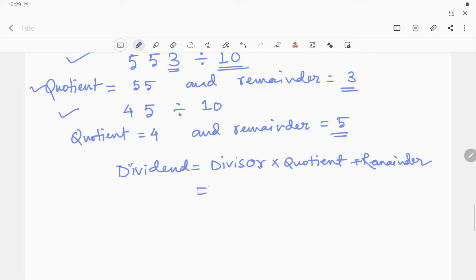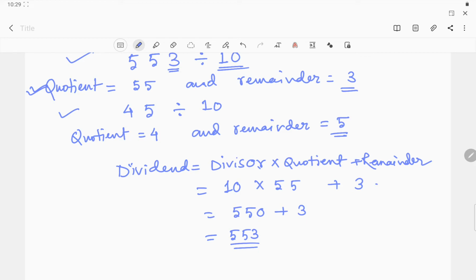Okay, for question number 1, the divisor is 10, the quotient is 55 and the remainder is 3. So 55 tens are 550, you know the multiplication, and you add 3, so you will get 553. You can check, it is your dividend.